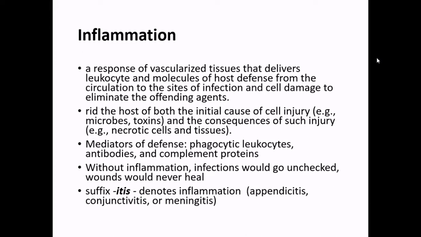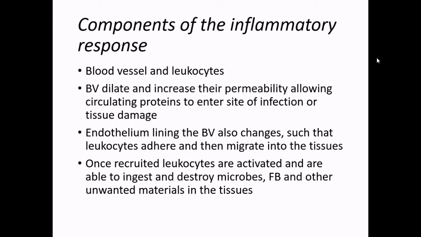So the components of the inflammatory response: the major participants in the inflammatory reactions in tissues are the blood vessels and the leukocytes. The blood vessels respond to inflammatory stimuli by dilating and increasing their permeability, allowing the circulatory proteins to enter the site of infection or tissue damage.